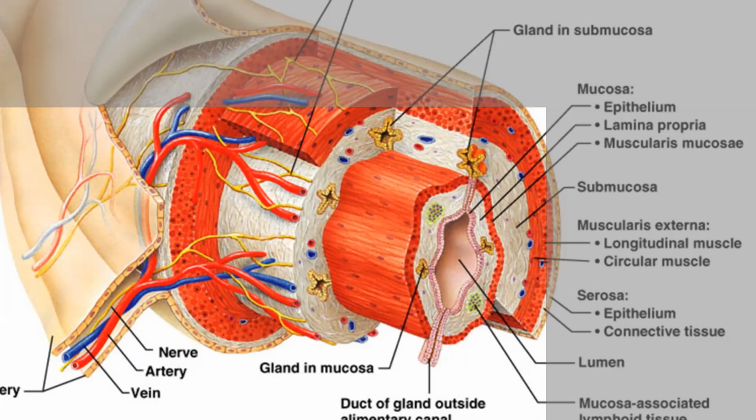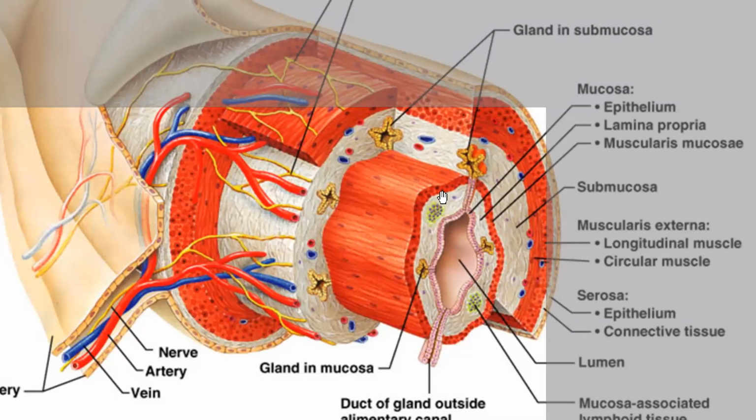And also in this simple columnar epithelial lining, between the columnar cells, you may have goblet cells which can secrete mucus as well. So far I gave you two sources for mucus. One is from goblet cells, one is from glands in mucosa. Both of these are located in the mucosa layer.